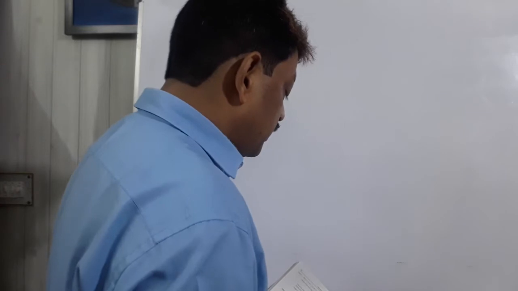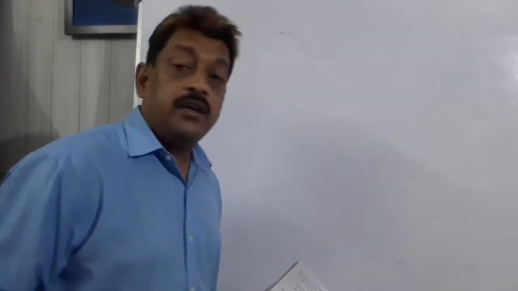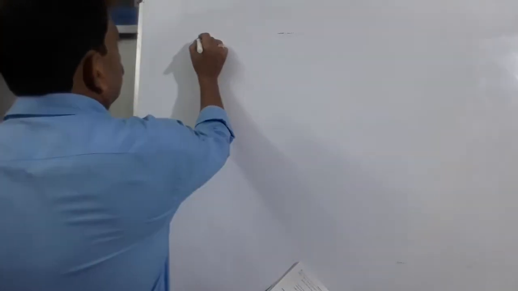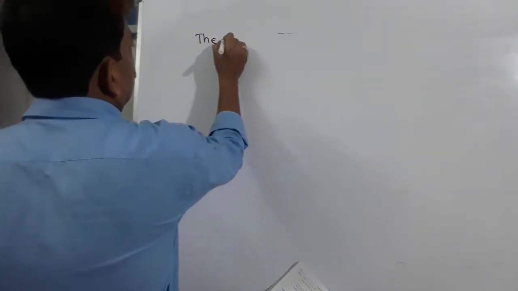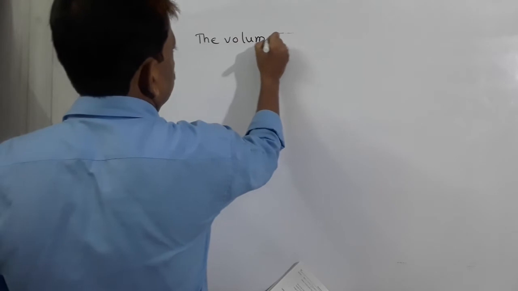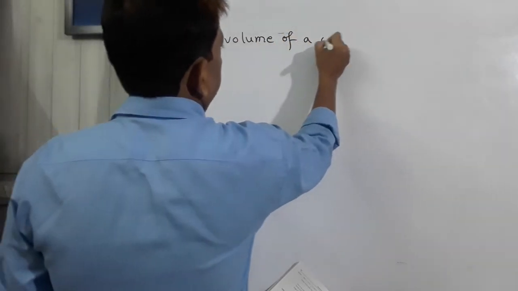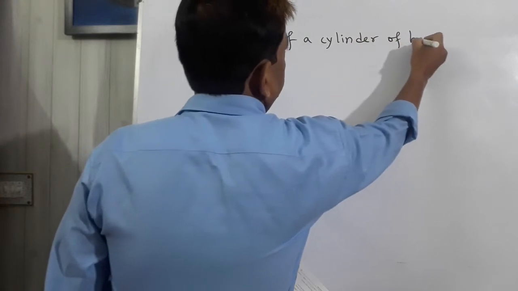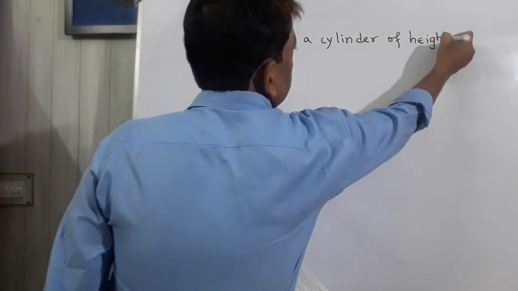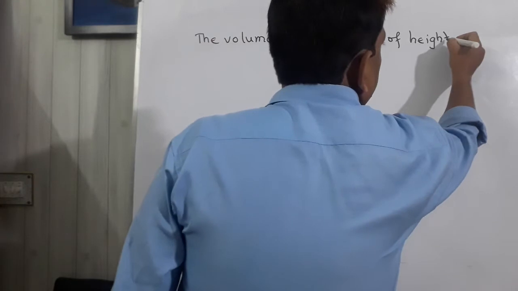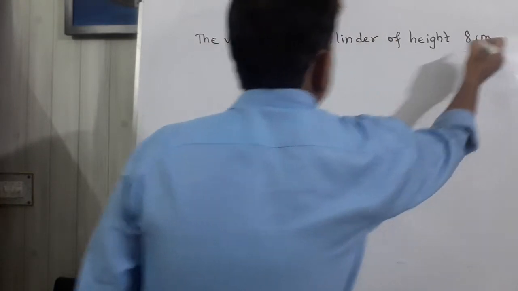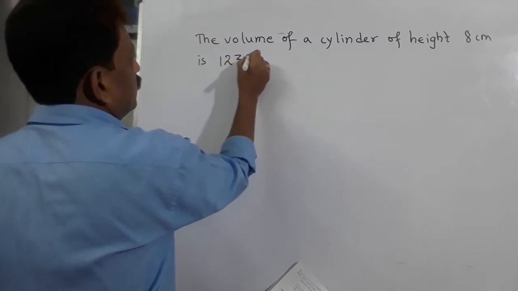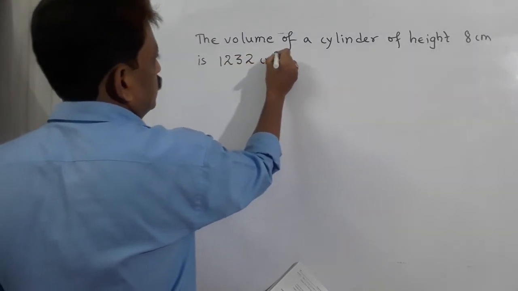The volume of a cylinder of height 8 centimeter is 1232 centimeter cube.